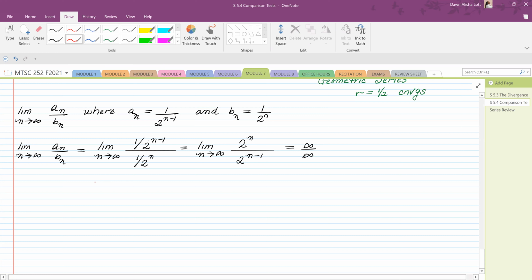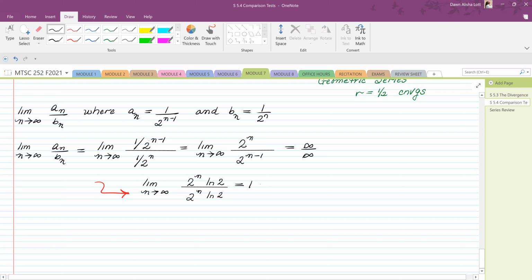If I use L'Hopital's rule, what's the derivative of 2 to the n? You get 2 to the n natural log 2. And in the denominator, you're going to get 2 to the n natural log 2.